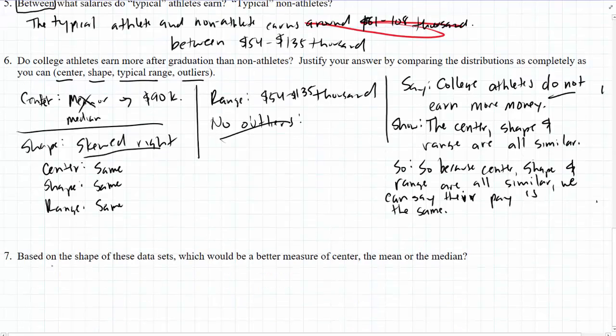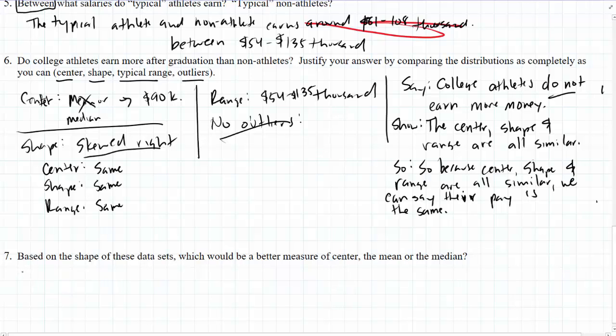Based on the shape of these data sets, which would be a better measure of center, mean or median? We talked about how the shape was skewed. Remember, if the shape is skewed, median is the better measure.